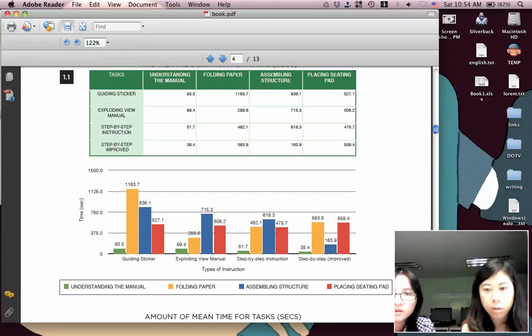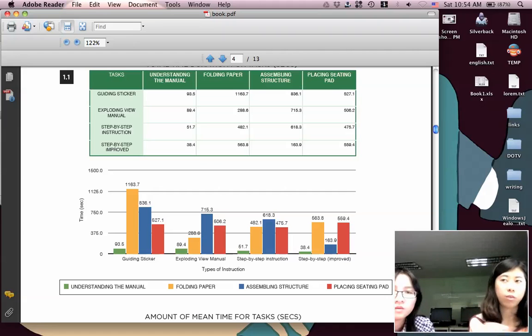Here, what we found in the guiding sticker is that the task that takes the most time is folding the paper. The reason is that the guiding sticker method matches numbers, but it doesn't indicate how you fold the piece, so people have problems folding the paper.